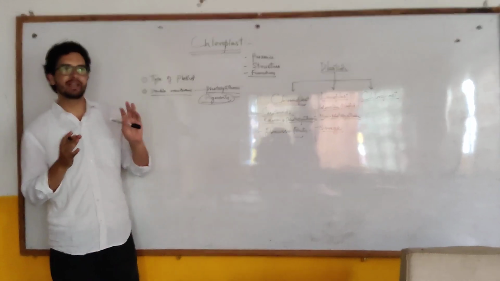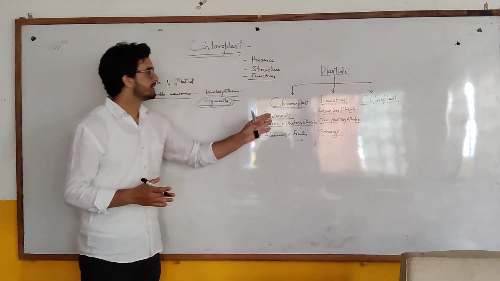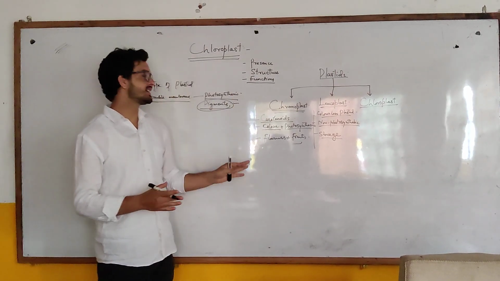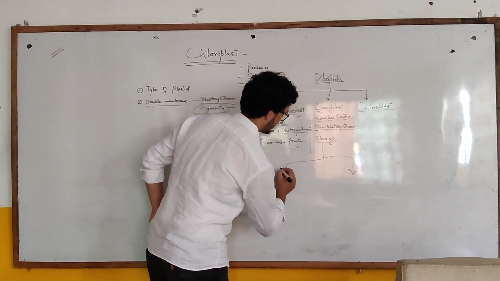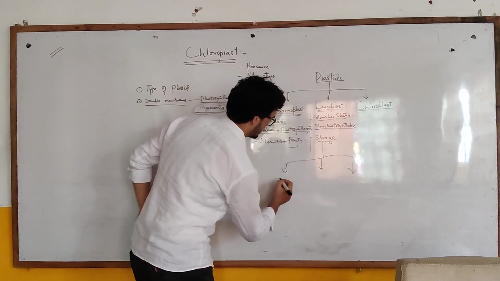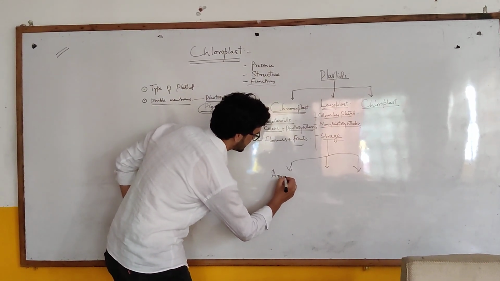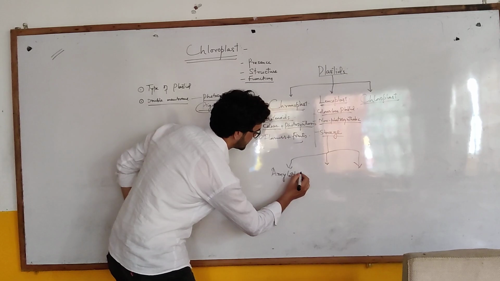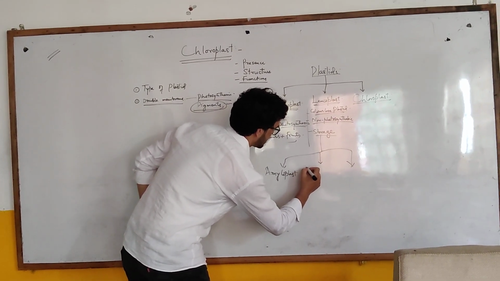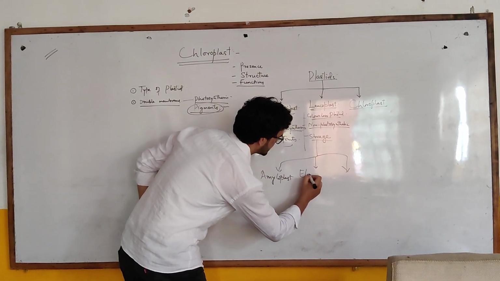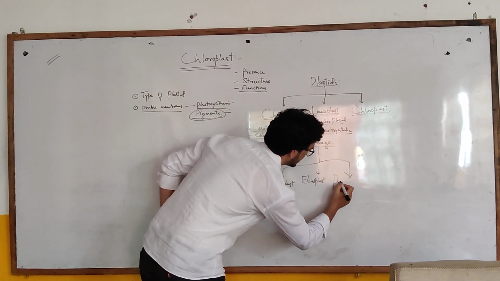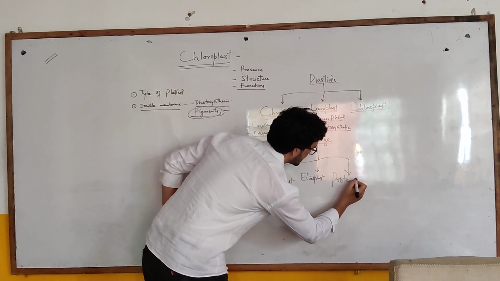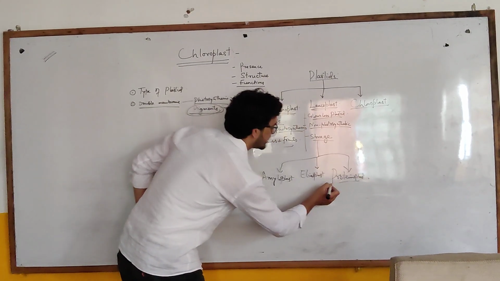On the basis of the particular food being stored by this leucoplast, it is further classified into three different types: amyloplast, elaioplast, and proteinoplast.